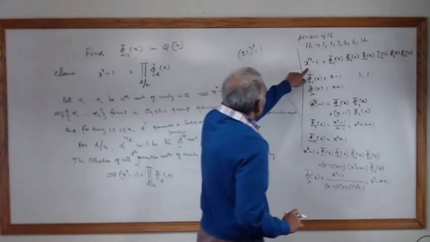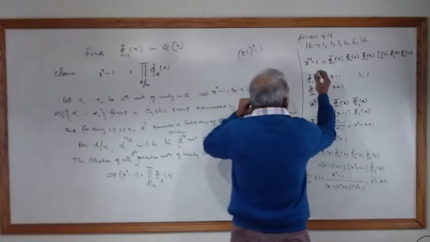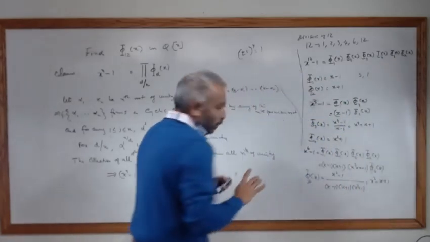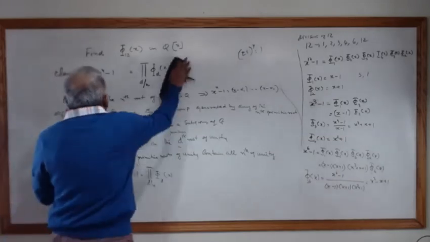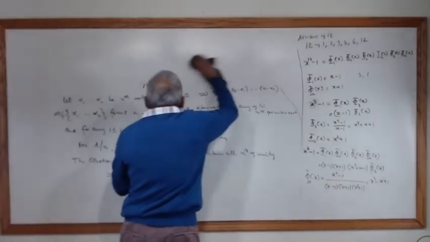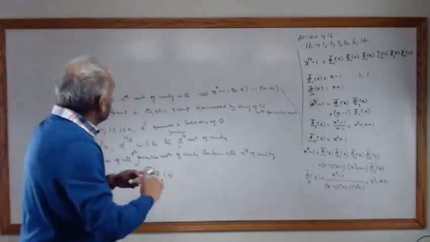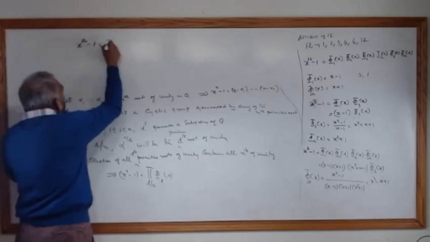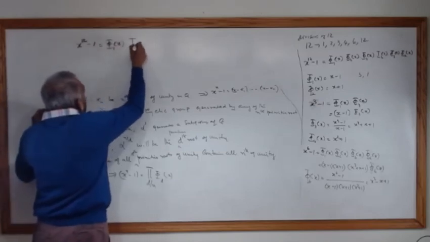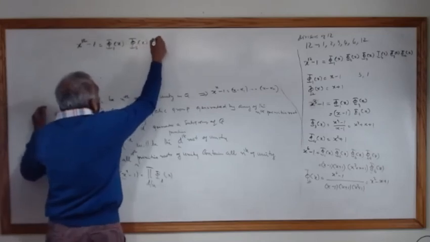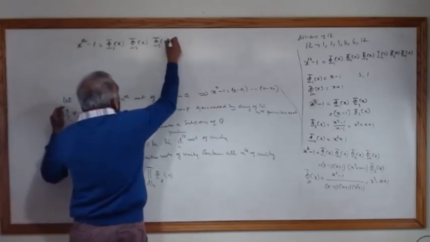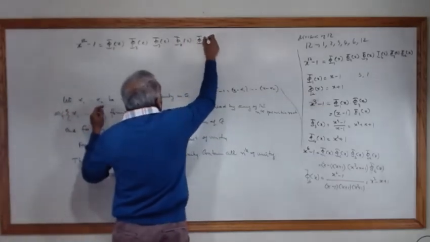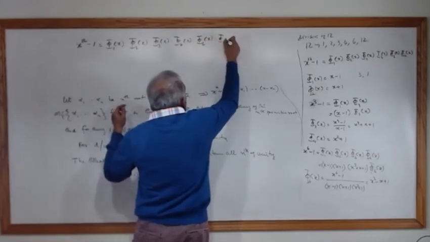Now we need to compute phi 12 of x, and we have all five of them except the last one. So x to the 12 minus 1 is equal to phi 1 of x times phi 2 of x times phi 3 of x times phi 4 of x times phi 6 of x times phi 12 of x.